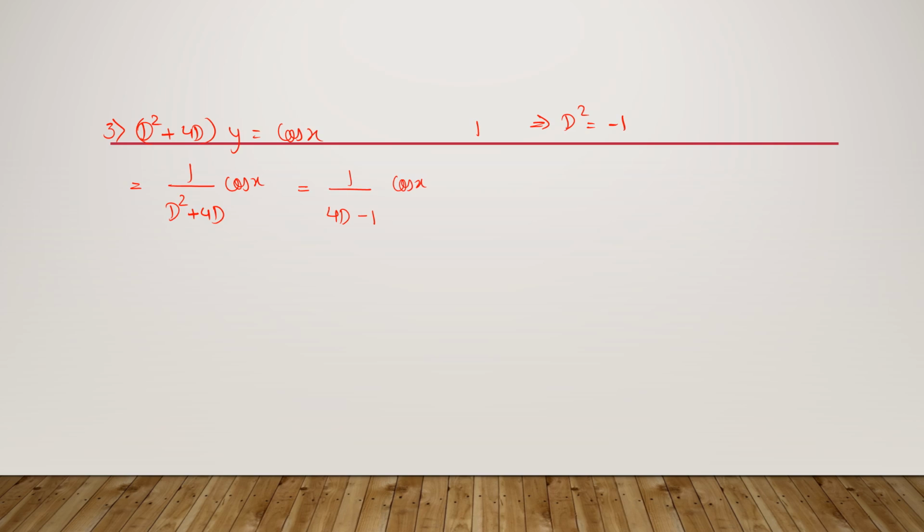Just over here we can see that at the denominator there is no natural number, or there is the presence of one variable, that is D. Then simply multiply and divide by the conjugate of the denominator. So over here the conjugate will be 4D plus 1. So after multiplication I get 4D plus 1 upon 16D square minus 1 cos of x.